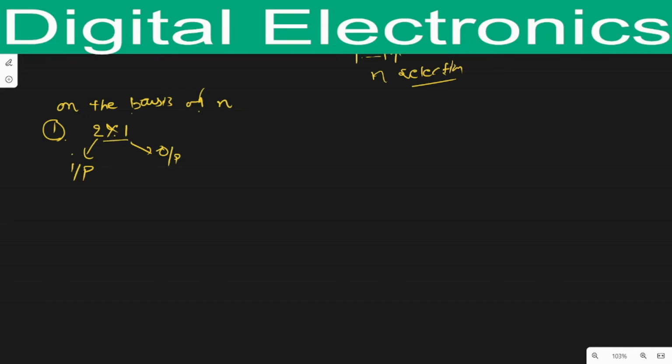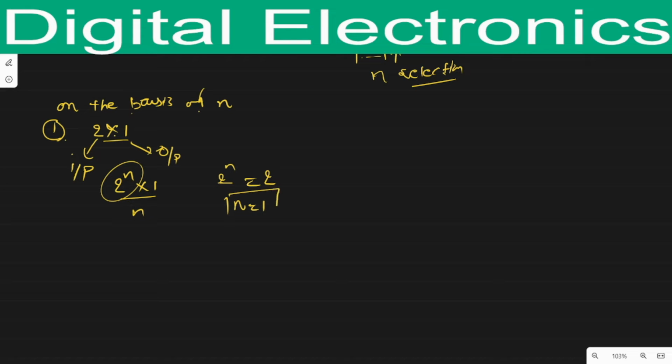And when we compare this with the ideal characteristic of multiplexer, we find 2 raised to power n equals 2. So what is the value of n? n will be 1.